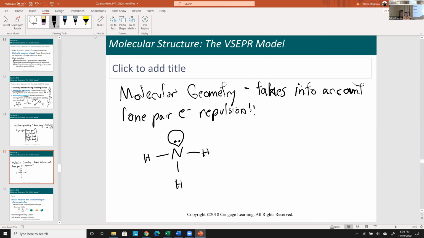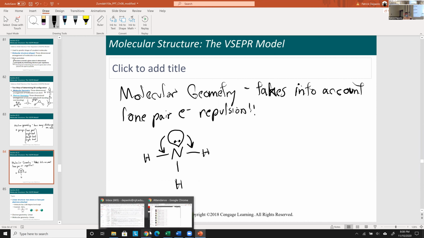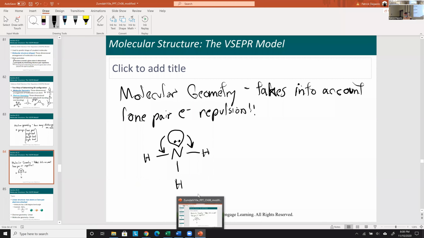Lone pairs of electrons do not like to be near any other electron group, including bonds. So what will happen is they will actually push the bonds away from them. So the electron pair will push the bonds. What that does is it squeezes the bonds a little bit closer together, thus making them look like this.